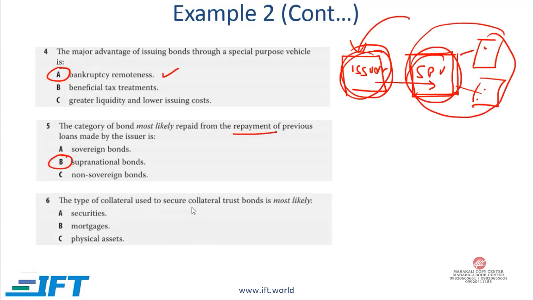The type of collateral used to secure collateral trust bonds is most likely, and we talked about this, the best answer is securities. Mortgages are used to back mortgage-backed securities. Physical assets could be used to back various kinds of bonds. The specific example that we talked about was equipment trust certificates, but any loan could be backed by physical assets.